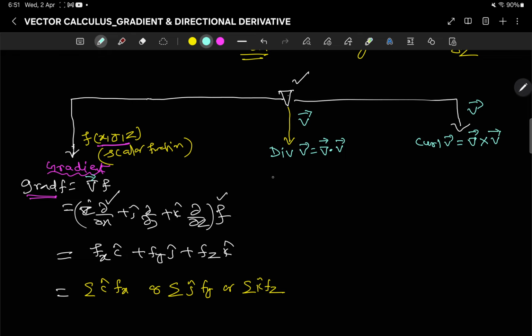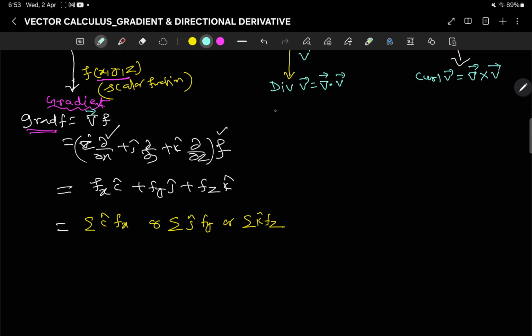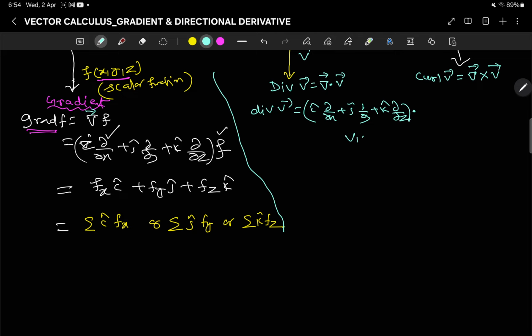So if I find div V, then your div V will be equal to i del by del x plus j del by del y plus k del by del z in dot product with v1 i plus v2 j plus v3 k, right?